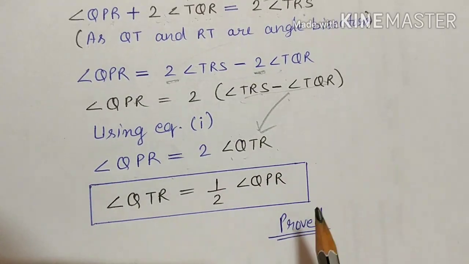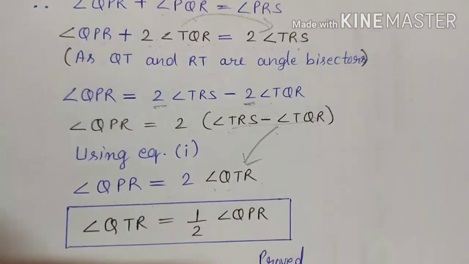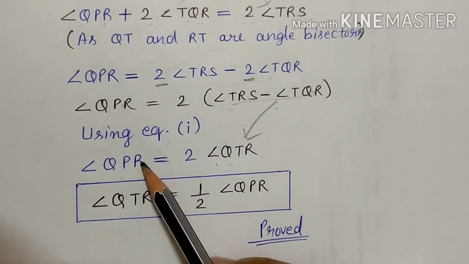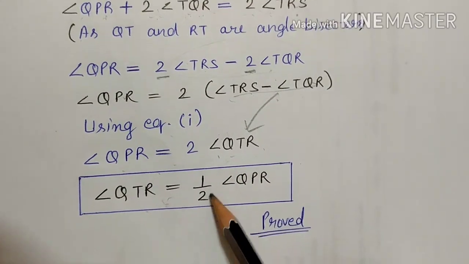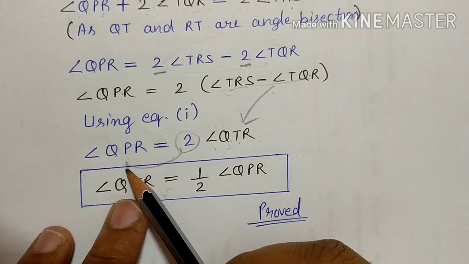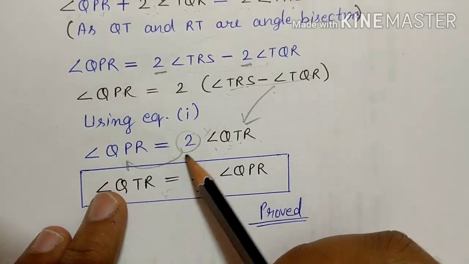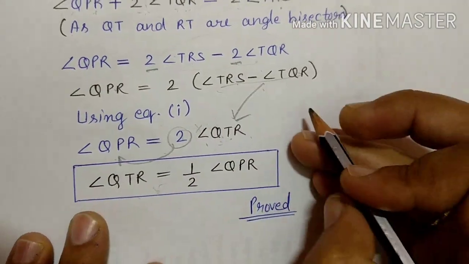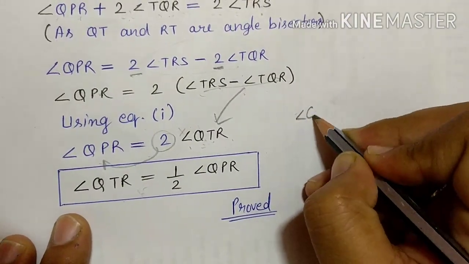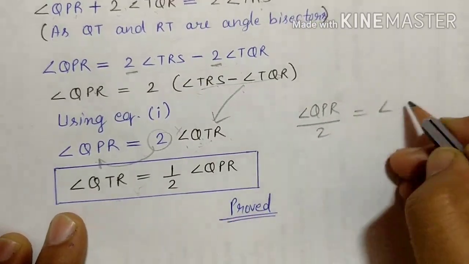But we have to prove that QTR is half of angle QPR. So what I can do here, just check here. This 2 I have taken to the left-hand side. QPR is in multiplication form here, so when it goes to that side, it becomes angle QPR divided by 2 equals QTR.